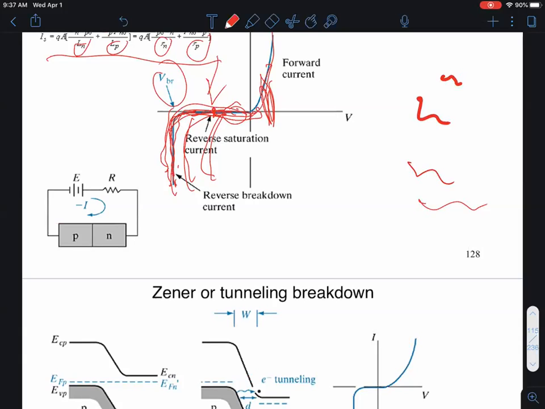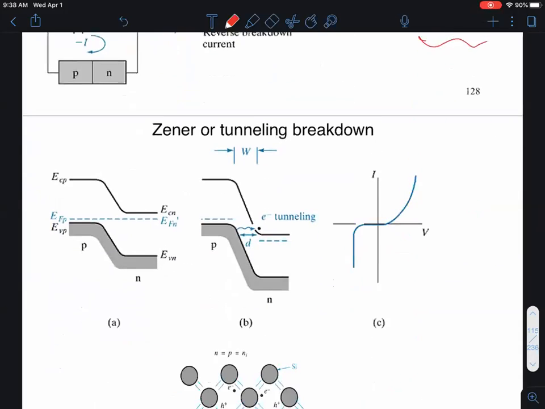Okay, so it's not a catastrophic breakdown, unlike breakdown of a MOS capacitor, for example. It's a reversible breakdown, unless you get carried away and you really crank up the voltage on a diode to maybe 1,000 volts, in which case, of course, you'd burn up the device, there'd be smoke and the metal would melt. That, of course, would be a catastrophic breakdown. Okay, you don't want to do that, obviously.